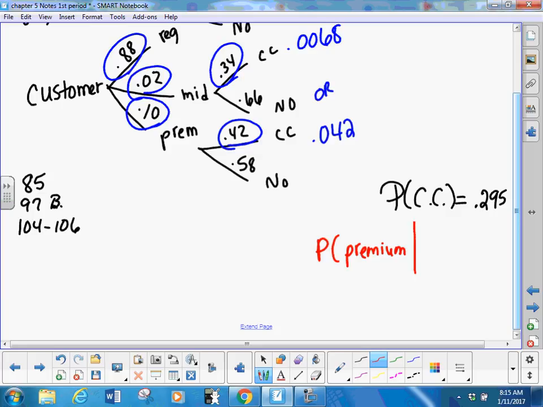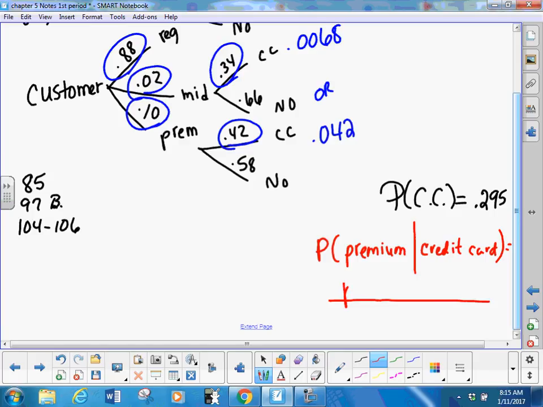Given that, whatever has already occurred, which in this case is given that they paid with a credit card. So that's how you set it up. The thing that's already occurred is what comes after the given that. Sometimes they'll be nice and just say given that. Okay, and according to your formula sheet, anytime you have a conditional probability, the formula is this.